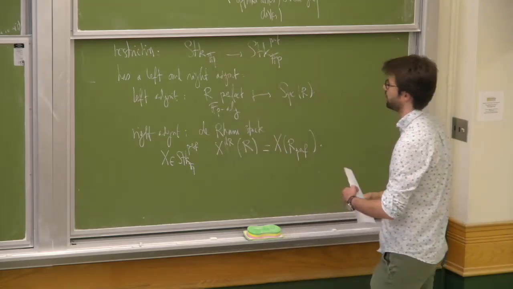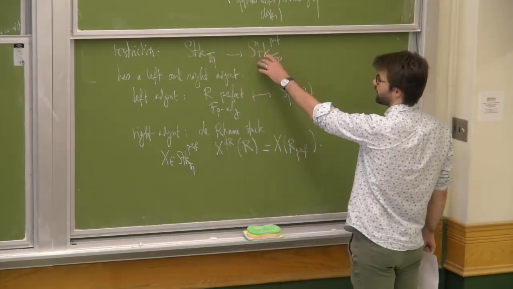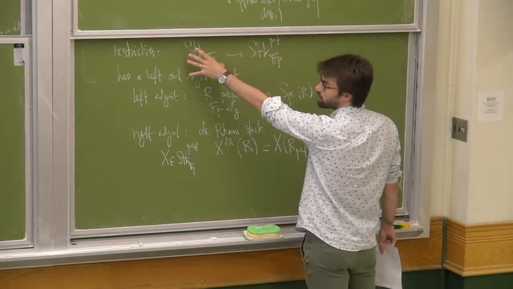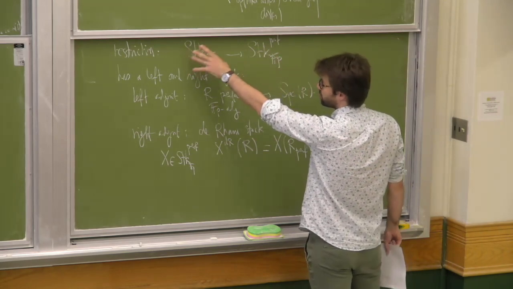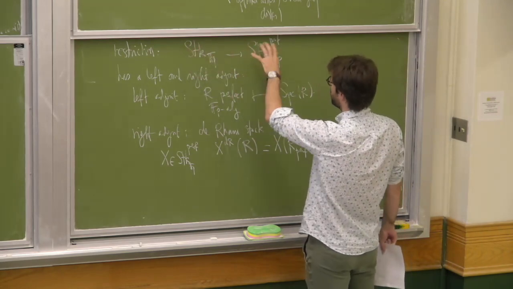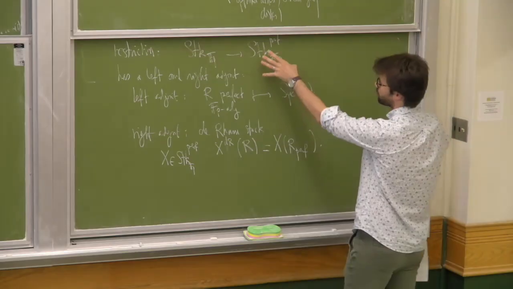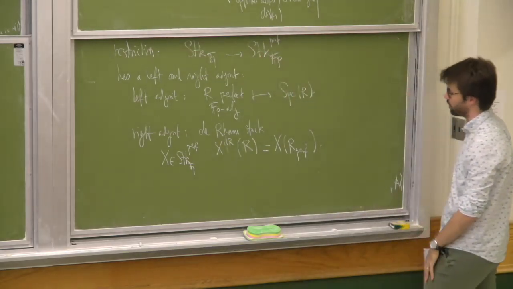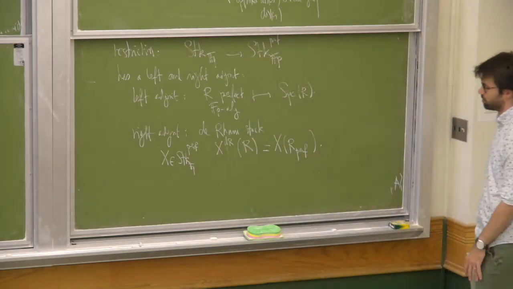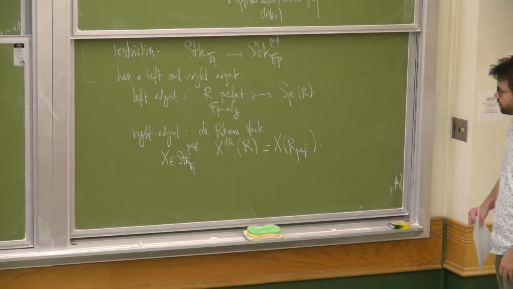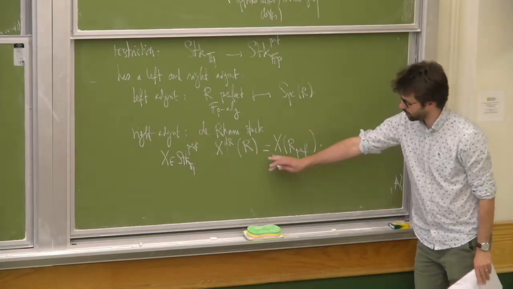Right. So if I take R, some FP algebra, as a functor co-represented by it. So maybe this is not quite the usual de Rham stack.